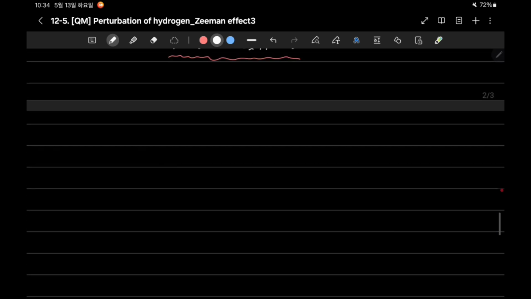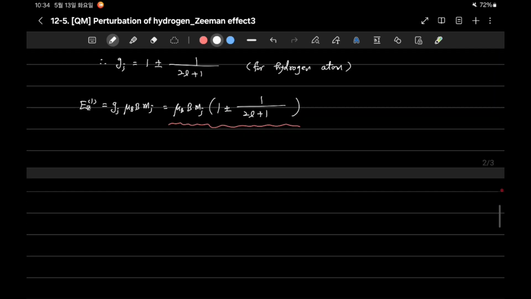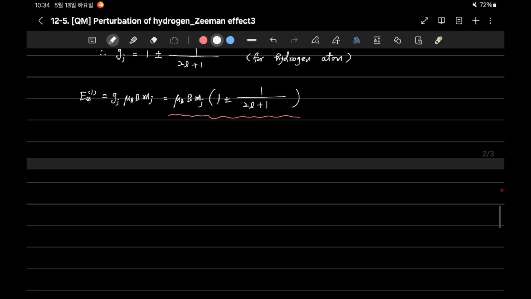So let me see this energy. By applying a magnetic field, for example in the 2p 1/2 case, with L equal to 1, for 2p there are two possibilities.